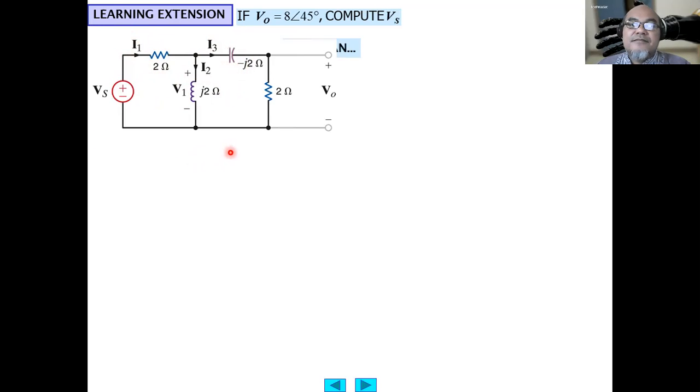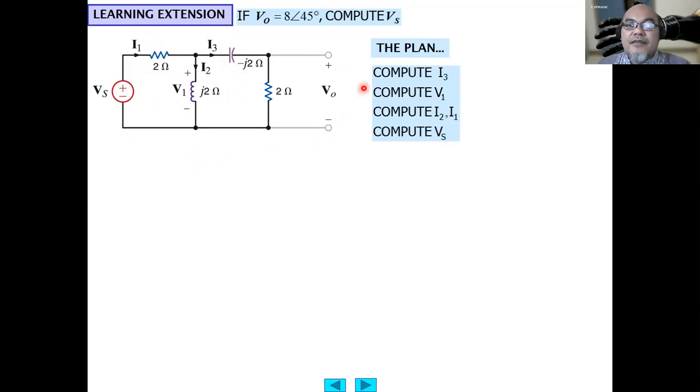Okay. Compute I3, then compute V1. After computing V1, then we can have I2 and I1. I1 will be obtained from I2 plus I3.